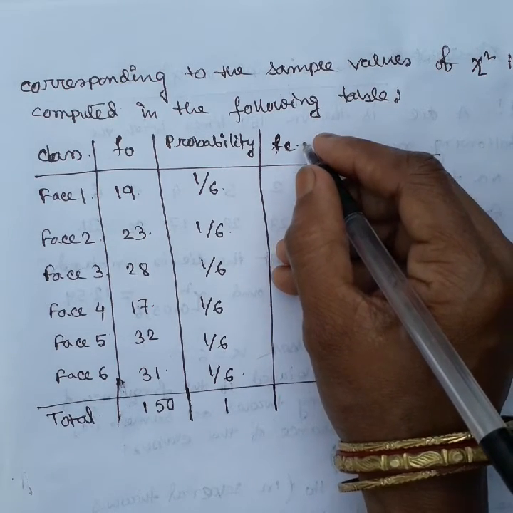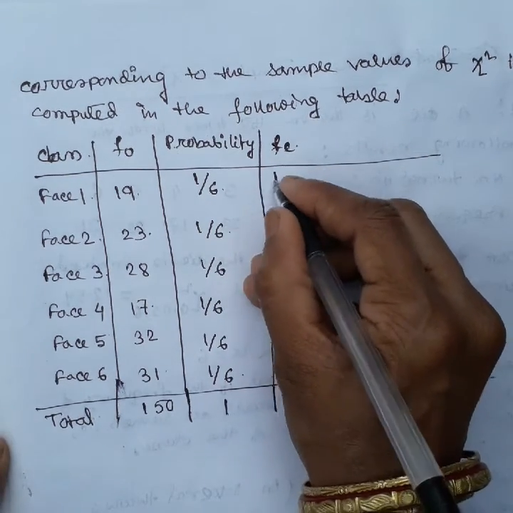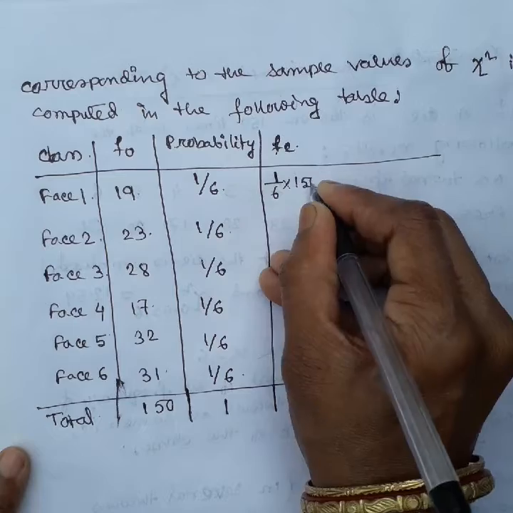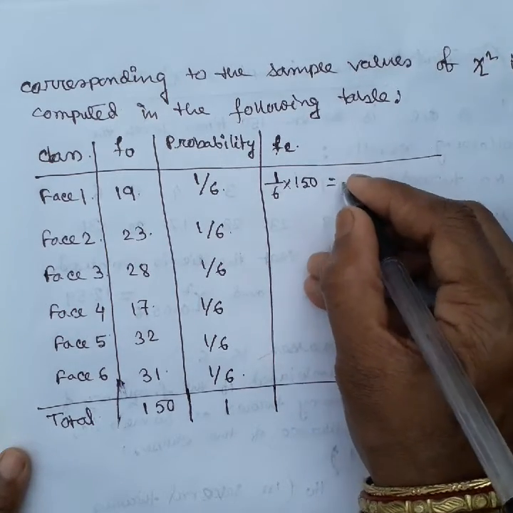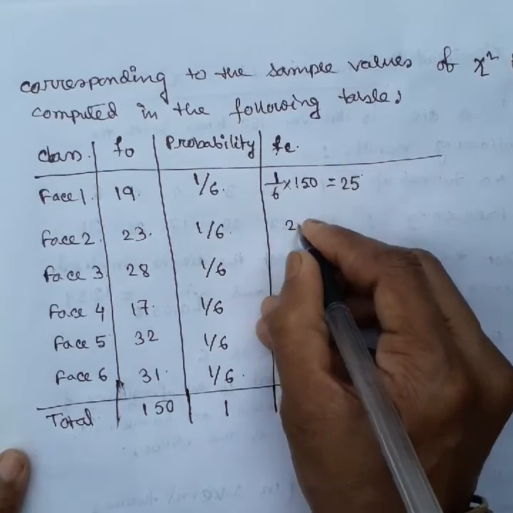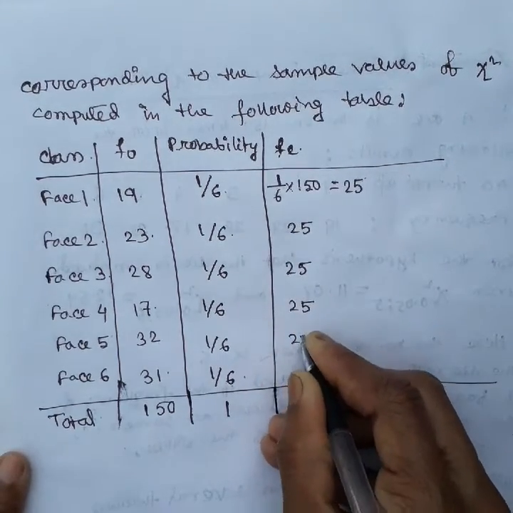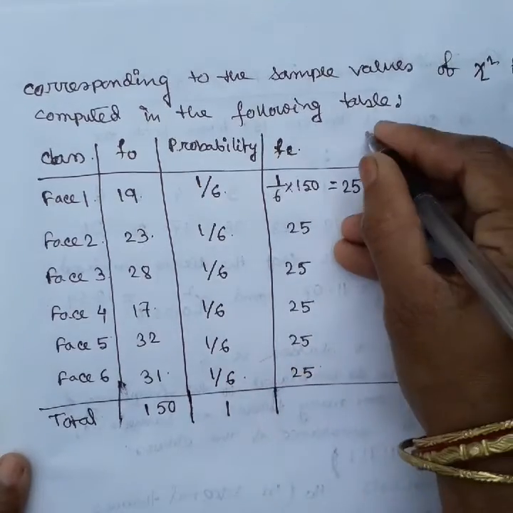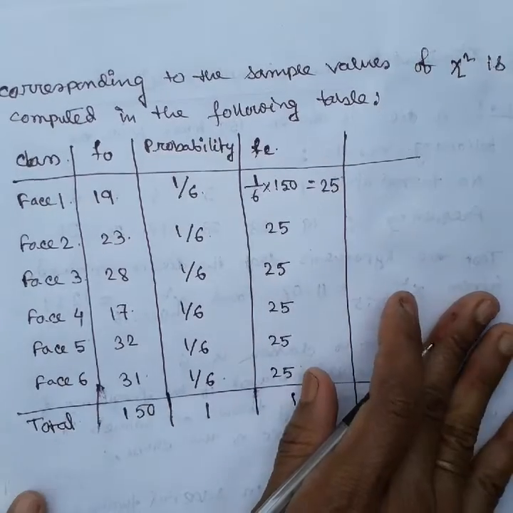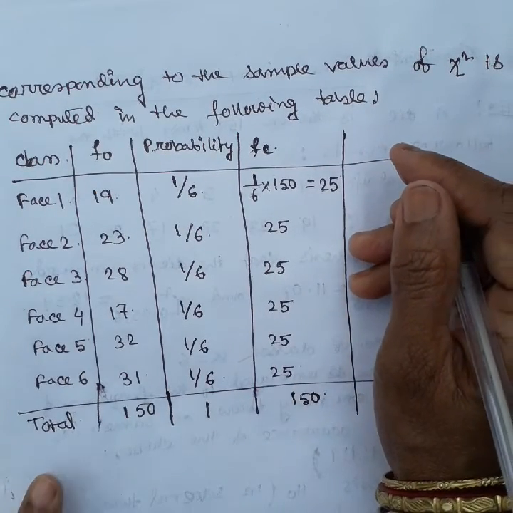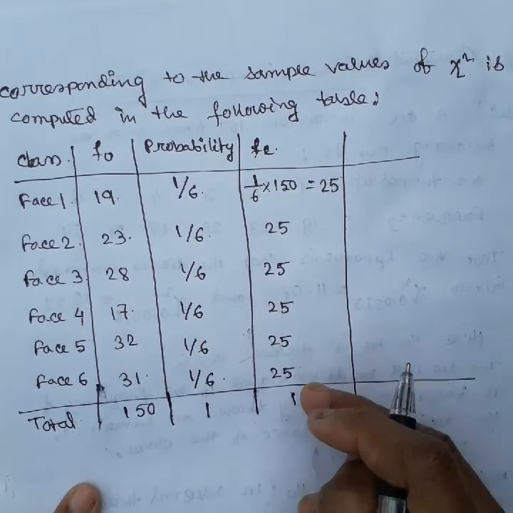FE means probability into 150, that is 1 by 6 into 150, which is equal to 25, and all are 25 here. This total is also 150. As I said in our previous class, summation of FO and summation of FE are both the same.